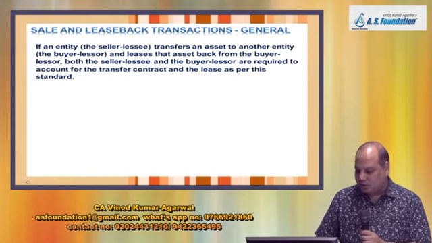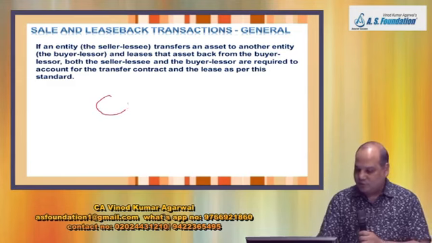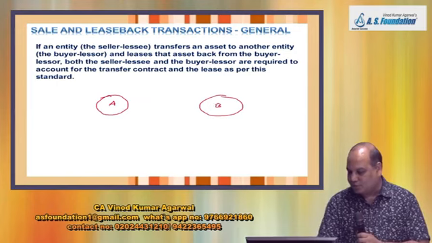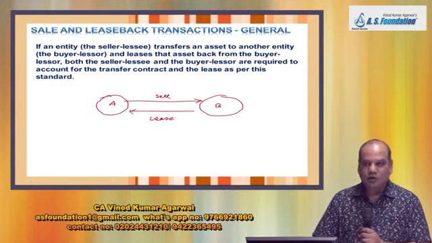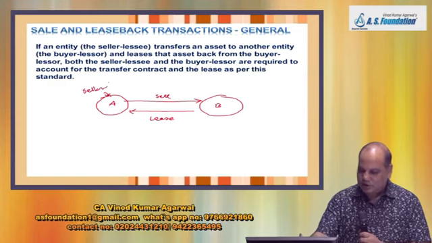So what do you mean by sale and lease back? The diagram is also drawn in your book. There are two parties, A and B. A sells the asset, B gives the asset on lease to A. So we will give a name to Mr. A or entity A, seller lessee.